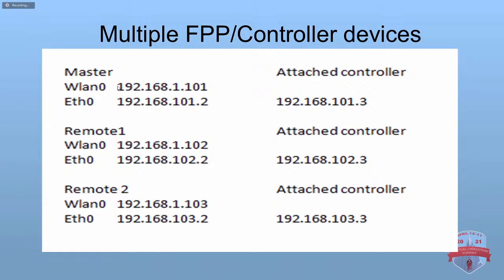So in deciding what the ETH0 side is going to be, I just use the device number of the WLAN 0 to be the third number for the ETH0 side, and just use a number 2. I avoid number 1 only because there are some network devices that are hard-coded to use a 1, and this avoids any potential problem. You could use 1 if you're not using anything else, and it's not a problem.